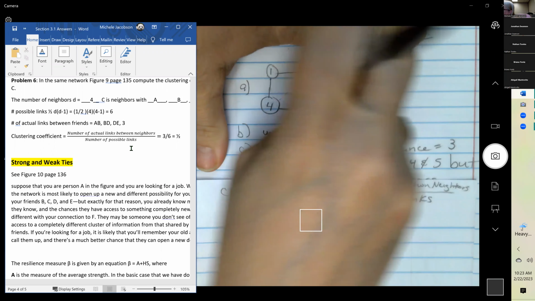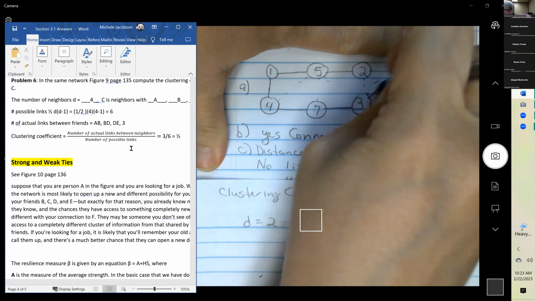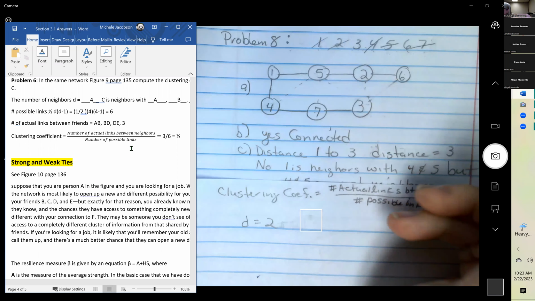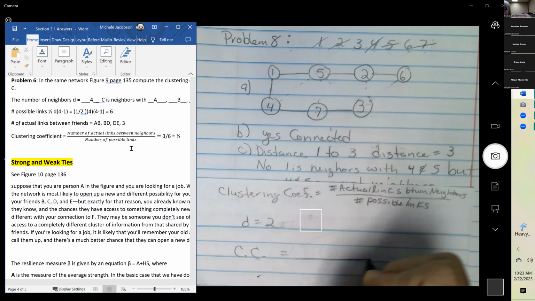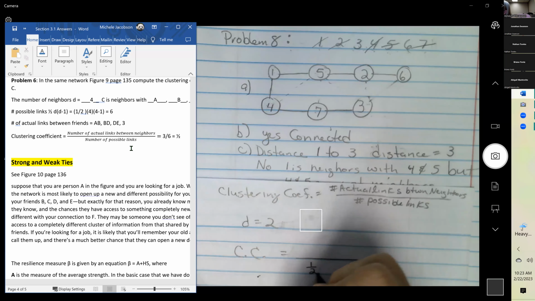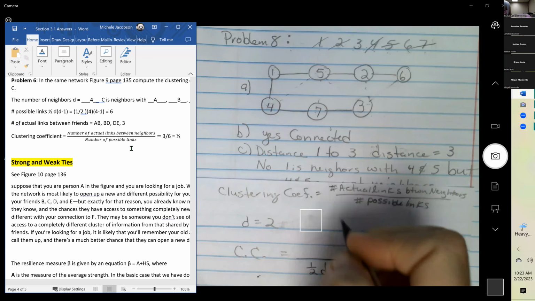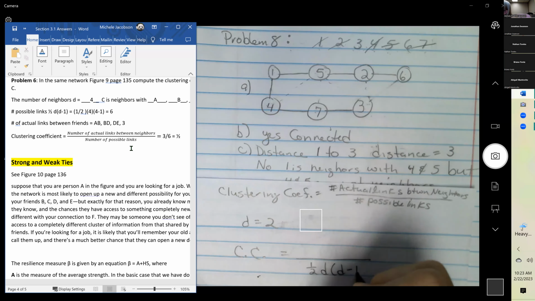Get rid of my dotted lines. So for the denominator, it's 1/2 D times D minus 1.